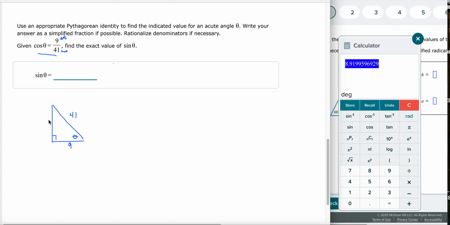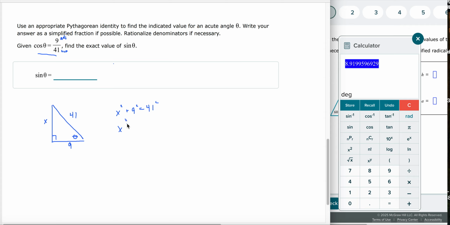So again, we can call this side whatever we want. And so I can say, okay, x squared plus 9 squared is equal to 41 squared.